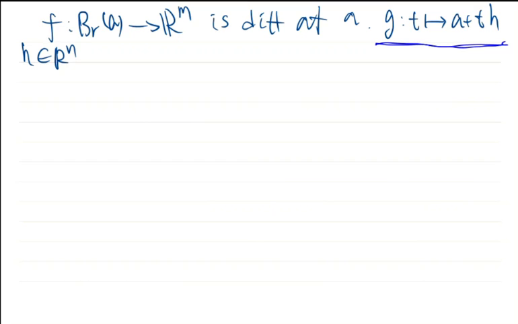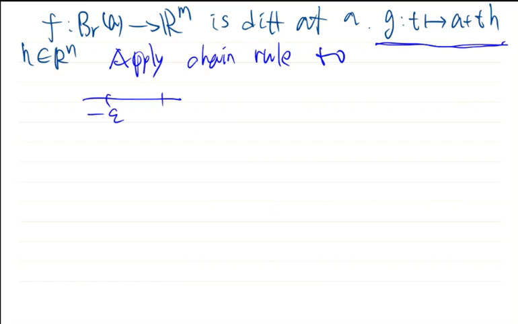So we apply the chain rule to this map from minus epsilon to B_R(a), maybe minus R. This map is our g.